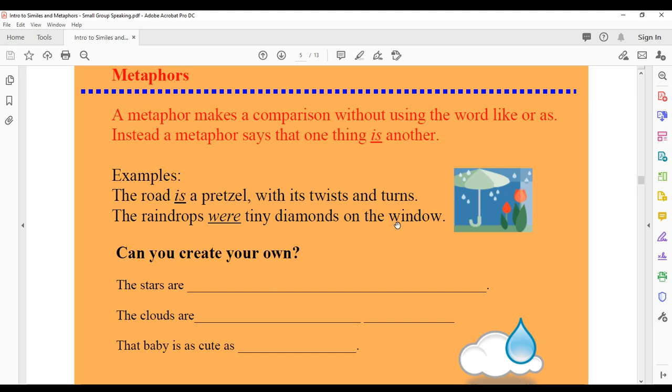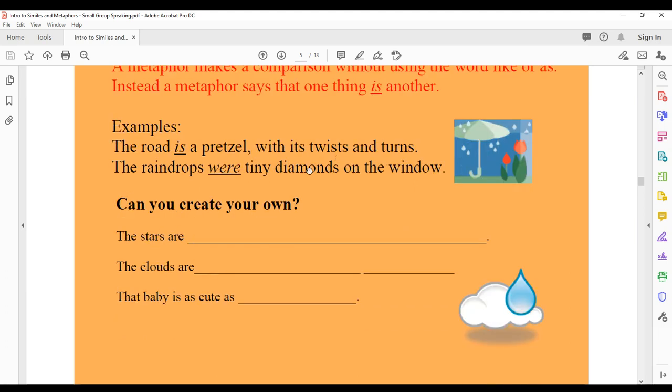And notice what that does instead of saying there were many raindrops on the window. That's a good sentence. It's grammatical. And my reader might know that, oh, he's standing at the window and looking outside and he can see rain. But if I say the raindrops were tiny diamonds on the window, saying one thing is another thing, it's very, very descriptive, and it allows the imagination of the reader to do some of the work.